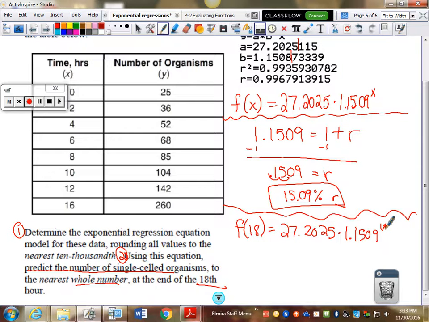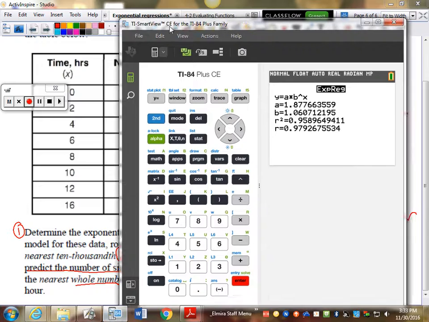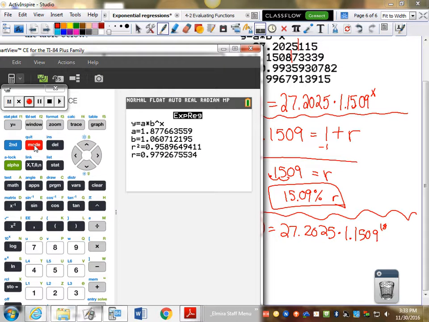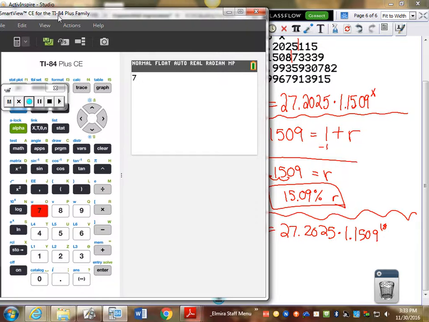And we got to just load that up into the calculator. We get a crazy decimal, but we're talking about organisms.